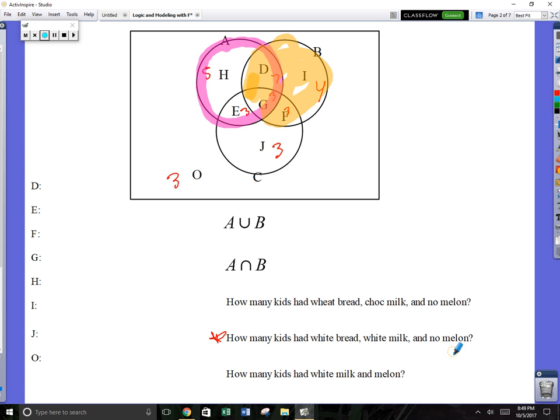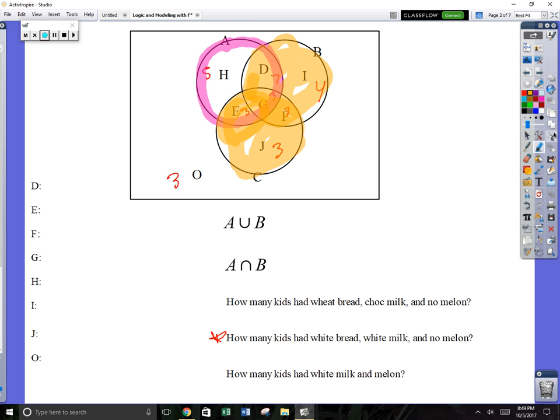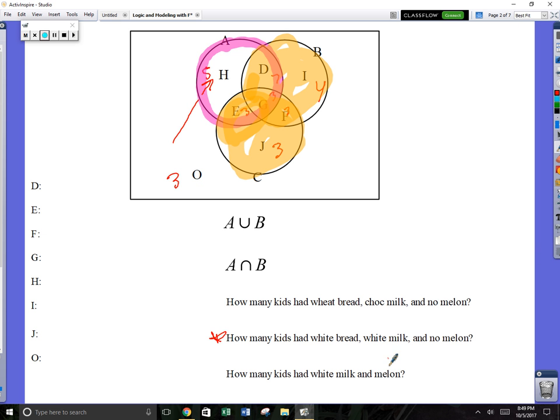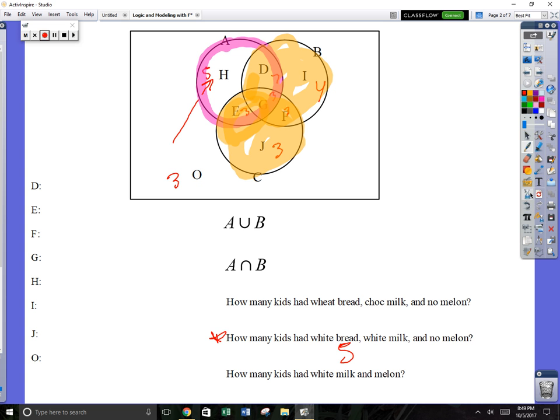And they had no melon, so they cannot live in the melon circle, and that leaves us only with these 5 kids right here. So those 5 kids qualify. So the answer has got to be 5 kids.